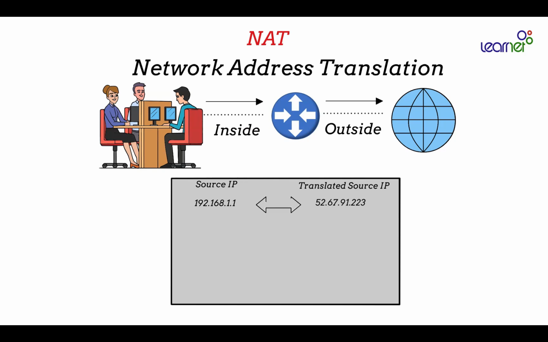And when the traffic comes back, do this all the way around. And in this way, our computer would be able to access external resources, although it has a private IP address.